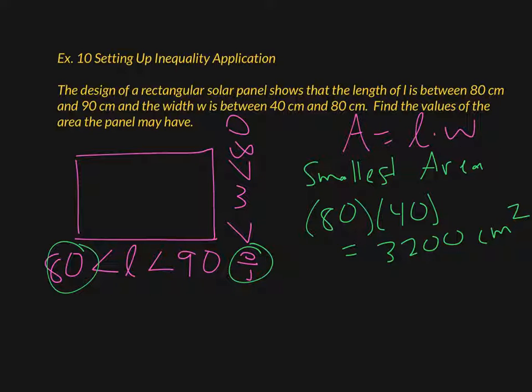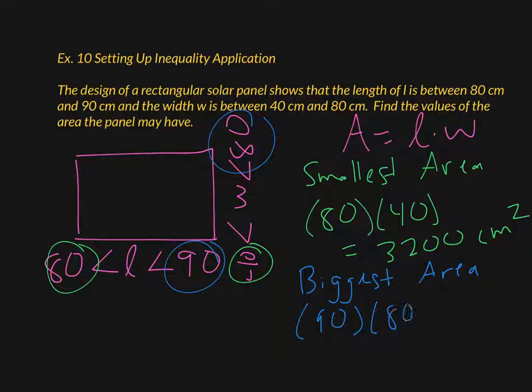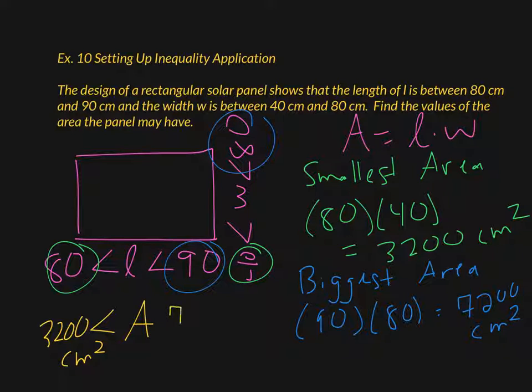Now the biggest area: 90 and 80, so 90 times 80, which is going to be 7,200 centimeters squared. So let's write an inequality for this. Here we would have that our area will be between 3,200 centimeters squared and 7,200 centimeters squared.